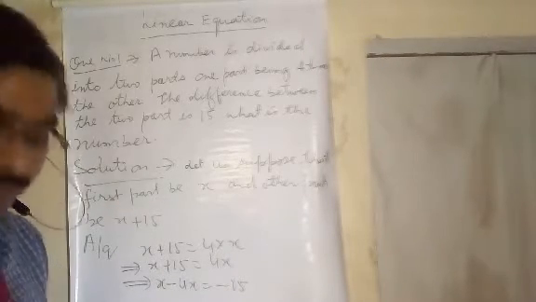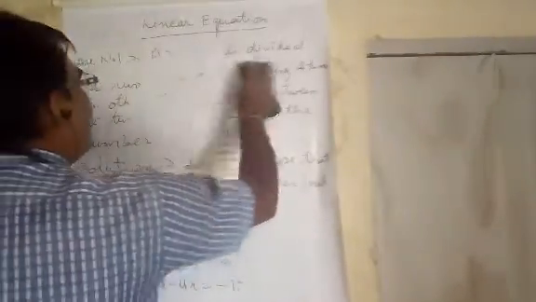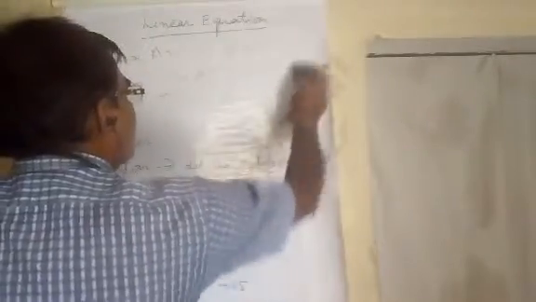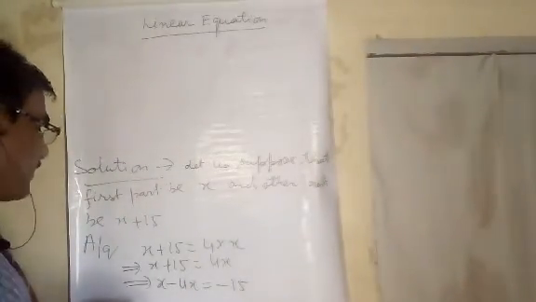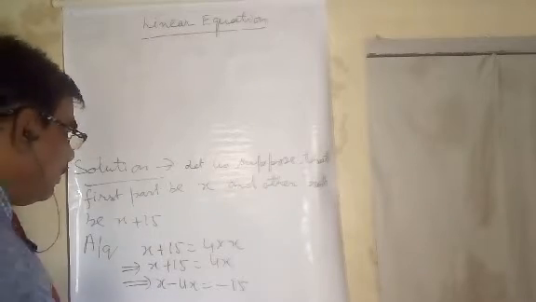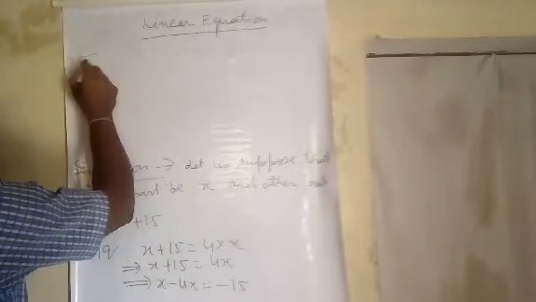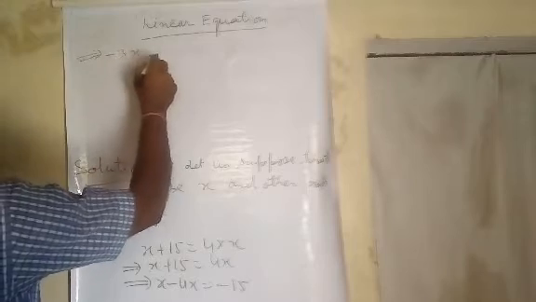When we subtract 4x from x, we get minus 3x. Then it will be minus 3x equal minus 15.